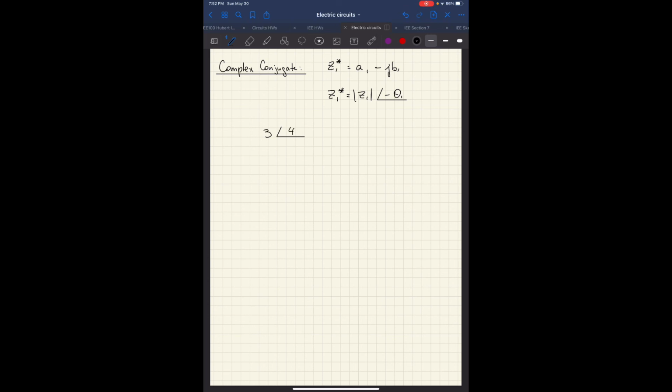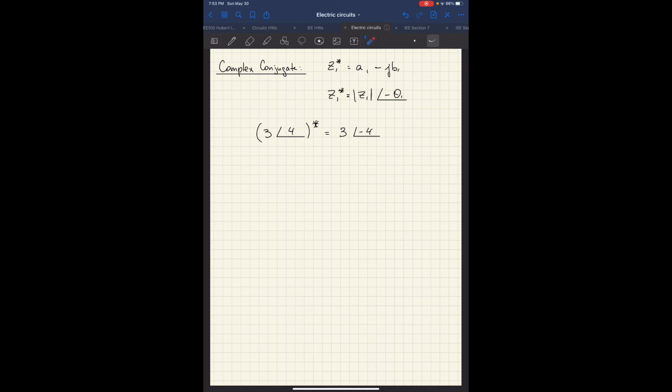If I wanted to take the complex conjugate of this number, the magnitude is still 3. However, all I have to do is put a minus at the 4. That's what it means. Just put a minus in the phase angle, or put a minus in front of the imaginary number. That's all it means.